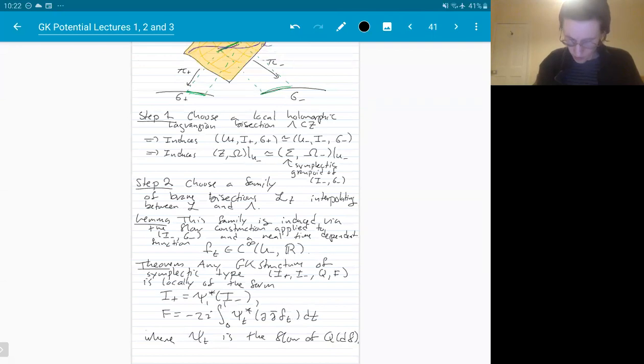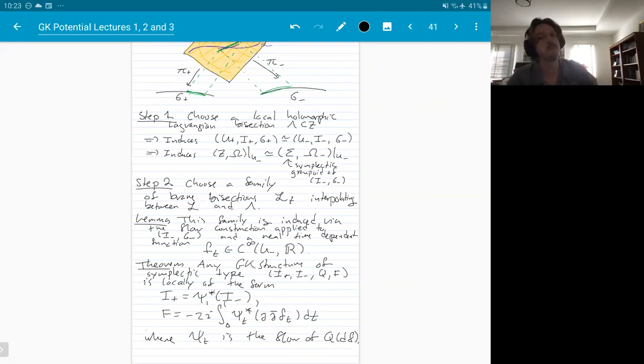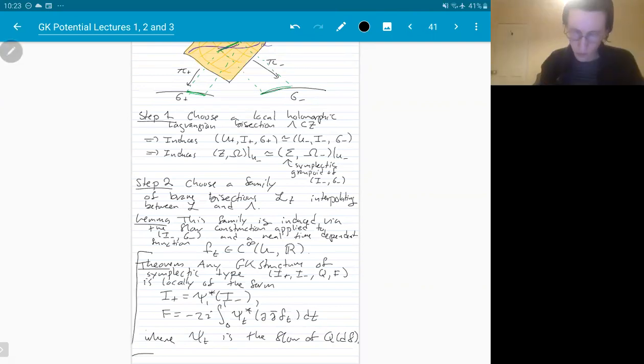Well, he gives a method of deforming a generalized Kähler structure or a Kähler structure. But this is the question of, is any generalized Kähler structure locally obtained by deforming a Kähler structure? So this is a result of this form, but it says that every generalized Kähler structure is obtained locally as a flow construction away from a holomorphic Poisson structure. Oh, okay. So the local data that describes a generalized Kähler structure consists of a holomorphic Poisson structure and a single time-dependent real function.